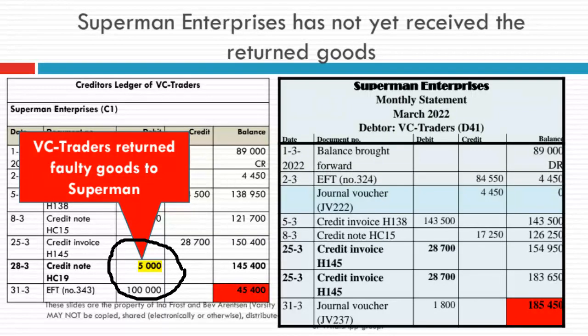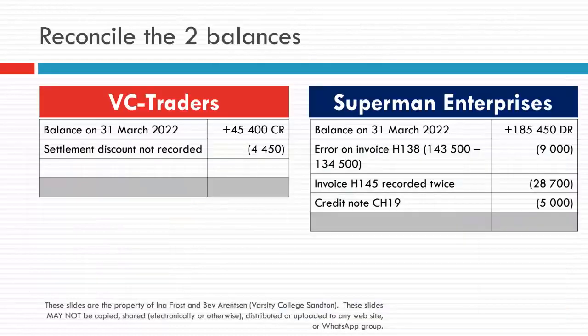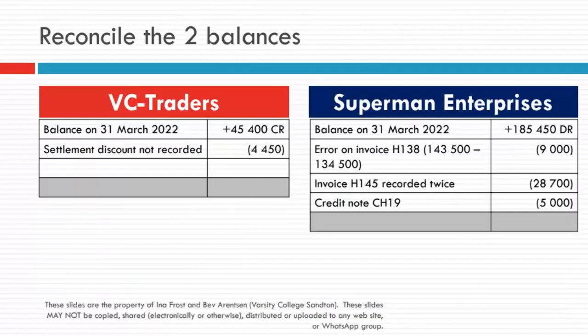So we have already recorded that we have returned those items to Superman, but because Superman have not yet received these items back at their warehouse, they obviously have not yet recorded it on their side. So once they receive the items back, they will then subtract that from our balance.